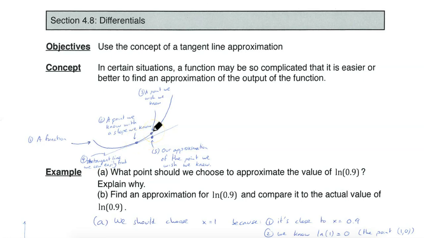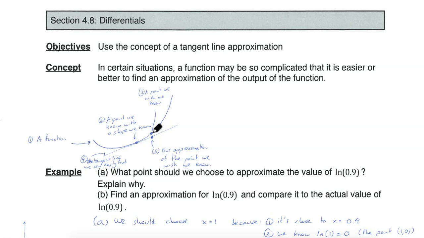However, you're unable to find this point. So the best you can do is to figure out the equation of the tangent line to the original point that you are given, and then calculate the position of the point for the x value that you're looking for. So you will find this point instead of that point, but it's pretty good.